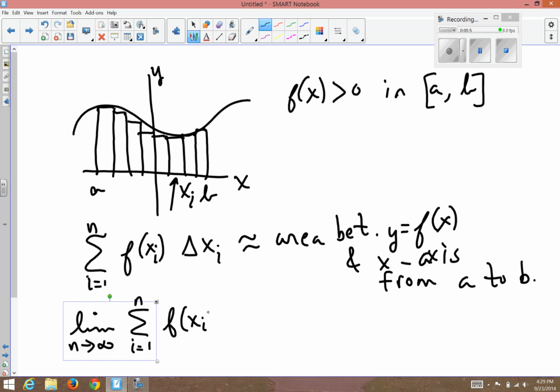That's the height of each rectangle, and delta x is the width of each rectangle. If we could do this, make infinitely many rectangles in there, then we would have what's called the integral of the function. And the dx is just taking the place of the delta x. The f of x is taking the place of x sub i. And the a and the b are just telling us where the interval starts and where it ends.